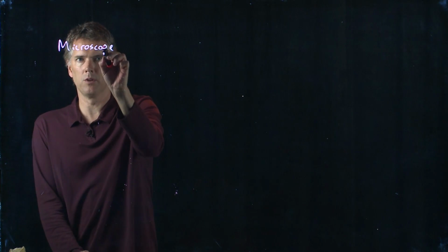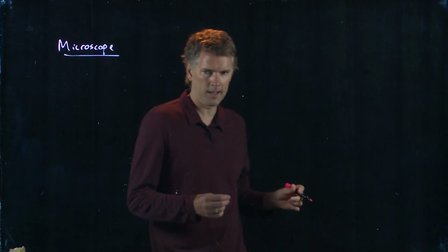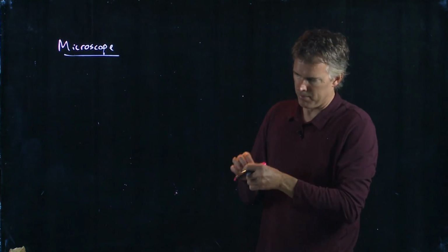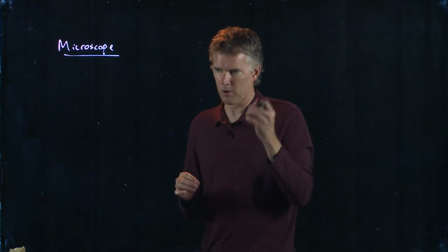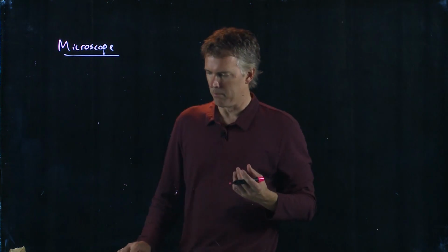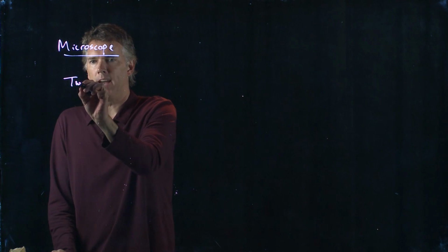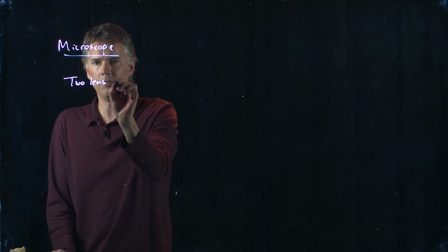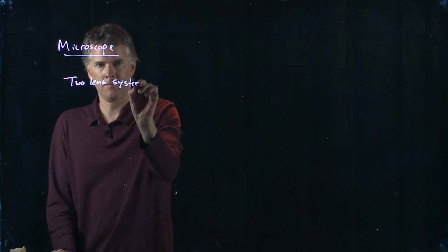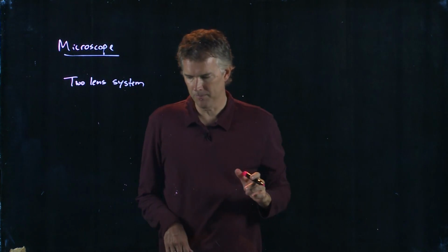You've, I'm sure, looked through a microscope at some point in your life, right? You put the bug on the table and you take your microscope and you zoom in and you can see the bug in great detail. So a microscope, in fact, has 2 lenses in it. Okay, it is a 2-lens system.